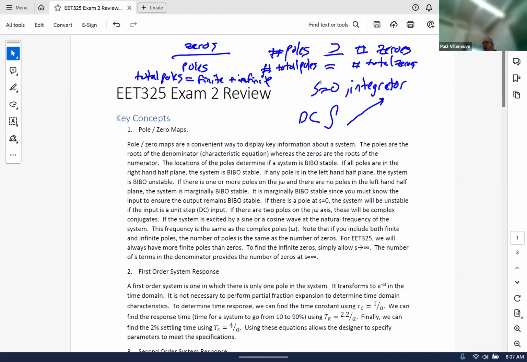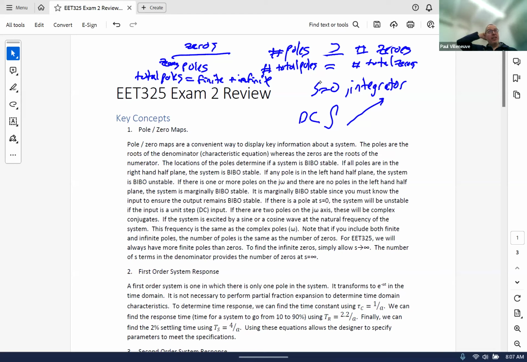So the total poles, you have to include the finite and the infinite. More importantly, normally your finite poles are always going to be equal to or greater than the zeros. So it would be better to say that the total zeros is going to be equal to your finite plus your infinite. And when you do that, you should always have the same.